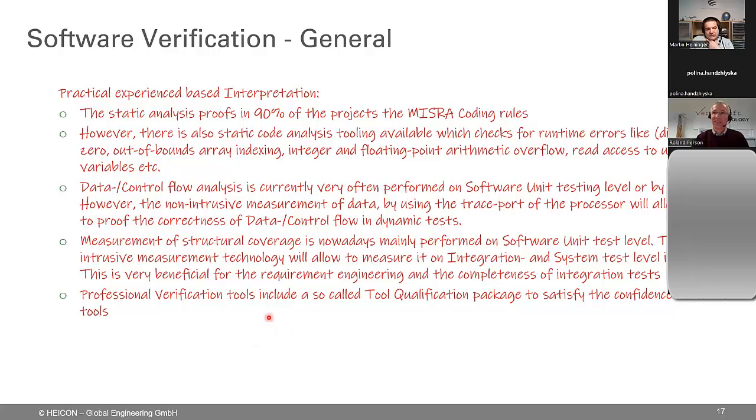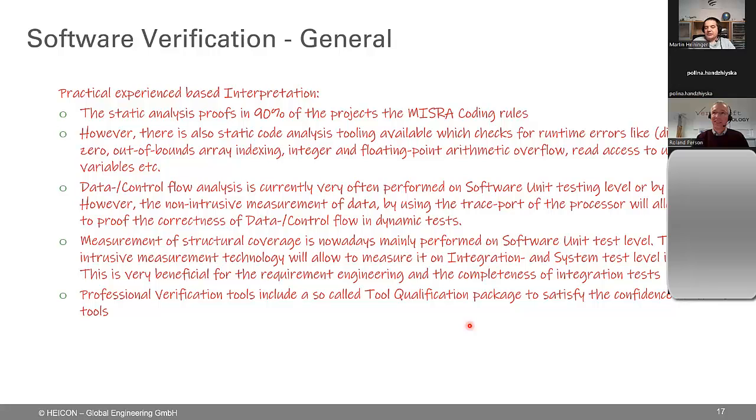Professional verification tools include a so-called tool qualification package to satisfy the confidence in the tools used. It's highly recommended not to do your own tool qualification, especially if you have SIL 3, SIL 4, or higher criticality in your safety projects. Please use tools which provide these tool qualification packages and buy it if you need it.